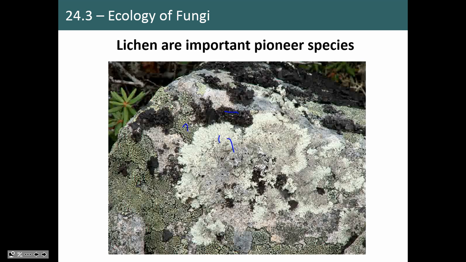All of those are, particle by particle, chipping the surface of that rock away and freeing those minerals to become part of the new soil layer. So lichen are the first species to really begin to convert solid rock, after a glacier or a volcano, into soil, where we can start to accumulate organic material and provide a substrate for everything else to grow on.